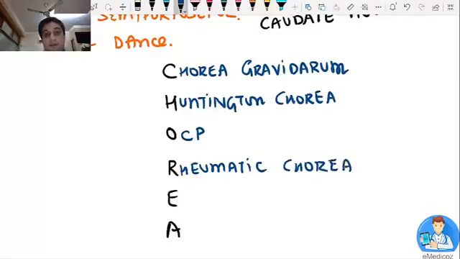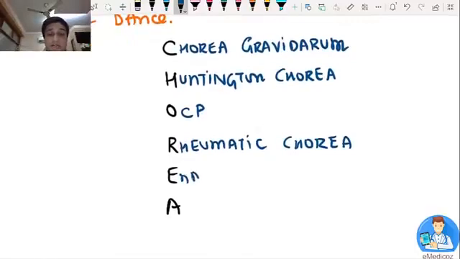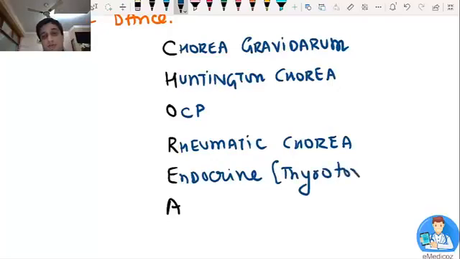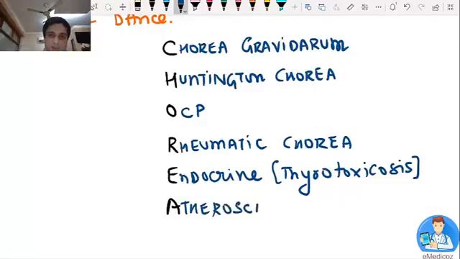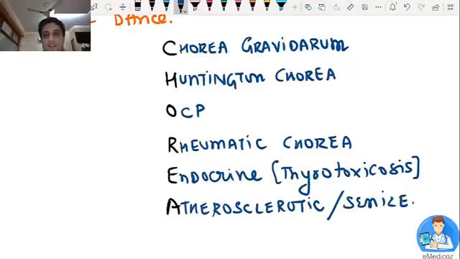E stands for the endocrine cause, and in the endocrine cause, we have thyrotoxicosis, that is hyperthyroidism affecting the central nervous system in a very bad shape. And the last A stands for atherosclerotic or senile chorea. That happens with age.